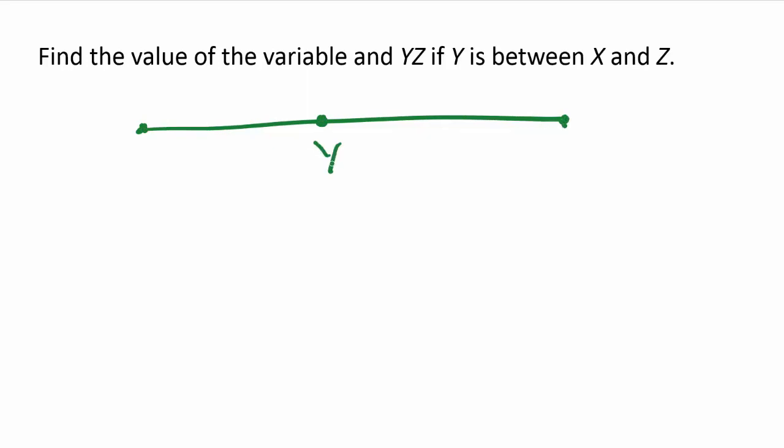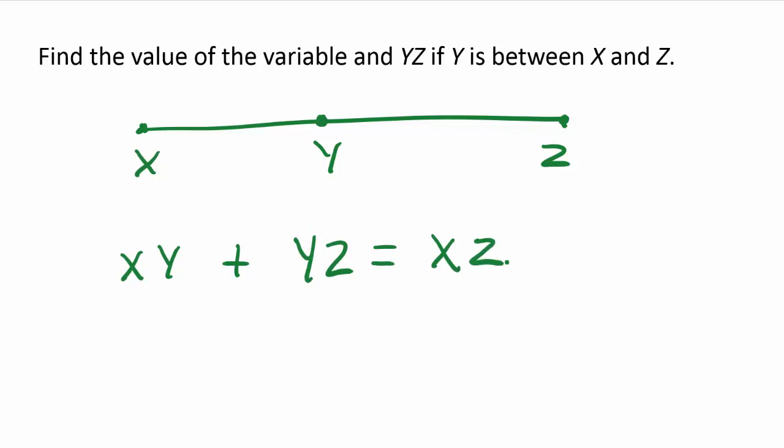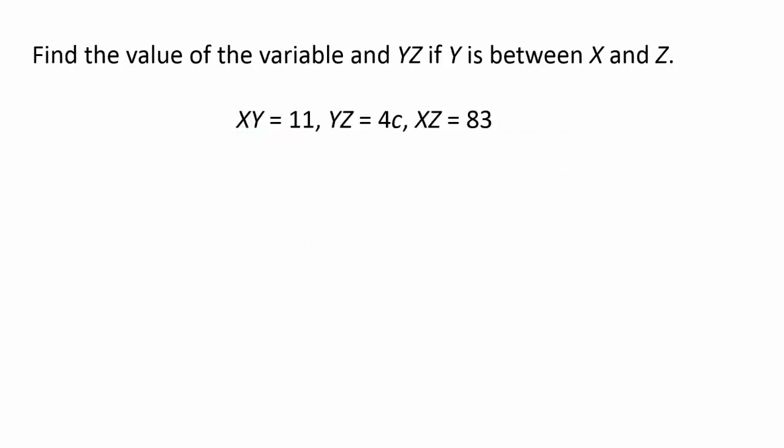Y is between X and Z. So if we were to write the equation for this situation, it'd be XY plus YZ equals XZ. The first situation we have here is XY equals 11, YZ equals 4C, and XZ equals 83.